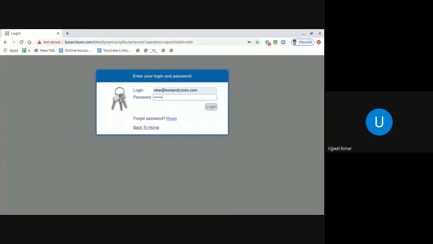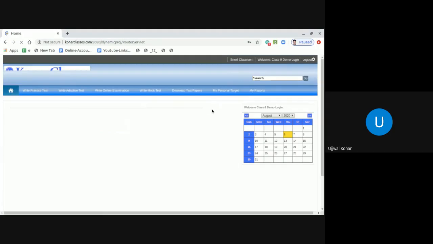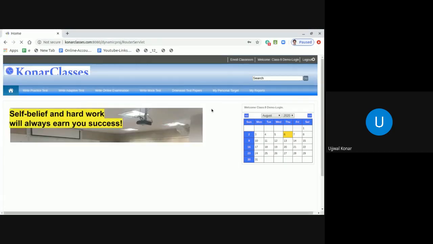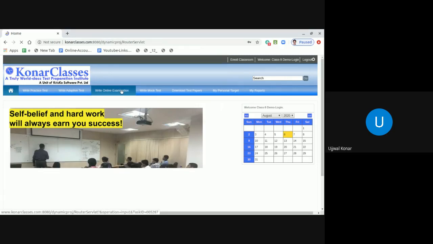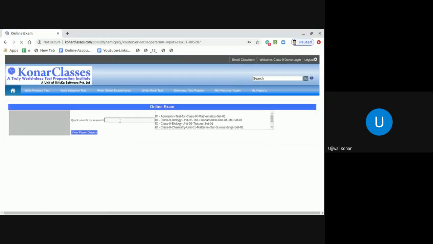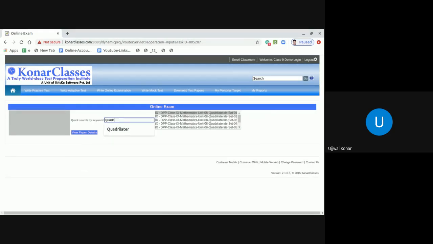After that, once you go through all these properties of parallelogram, you click on write online examination. Then here you write quadrilateral and go through set 2.